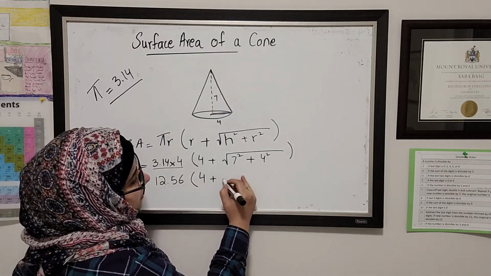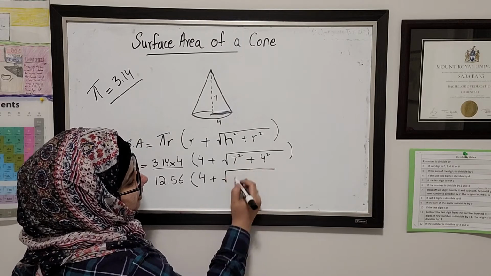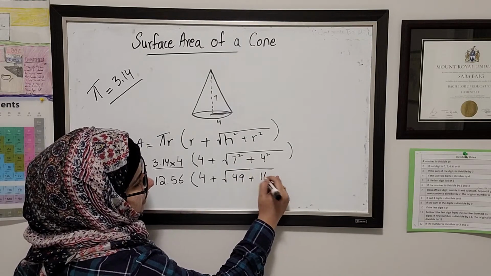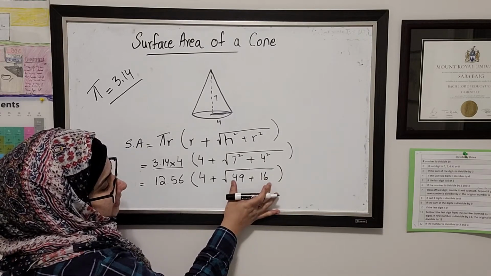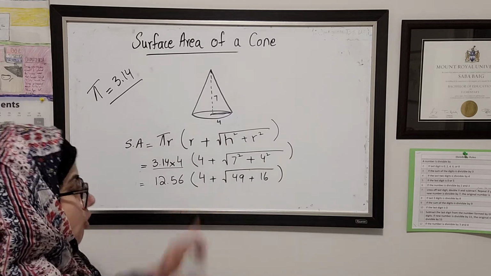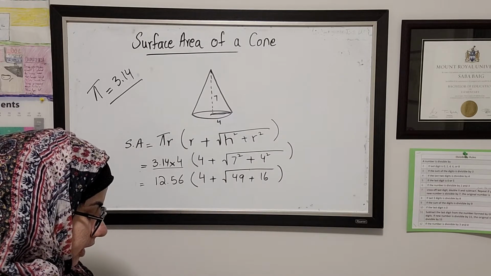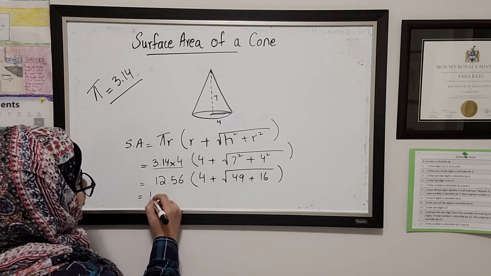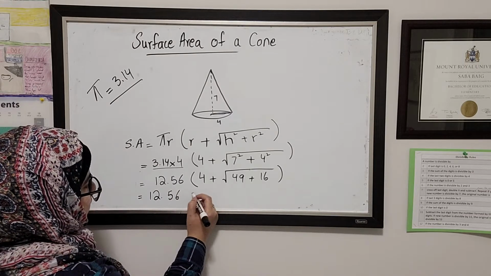So now, what is 7 times 7? 7 times 7 is 49. Plus 4 times 4 is 16. I'm going to add these two and then I'm going to find the square root before I add this to 4. All right. So 12.56 comes as is.